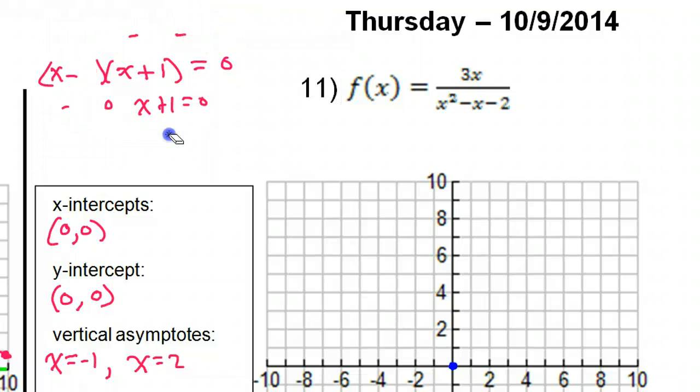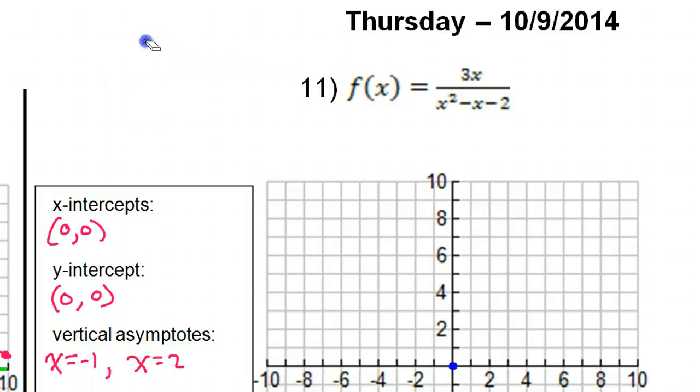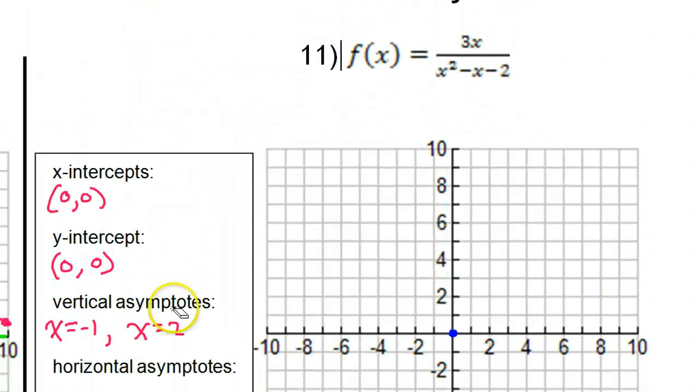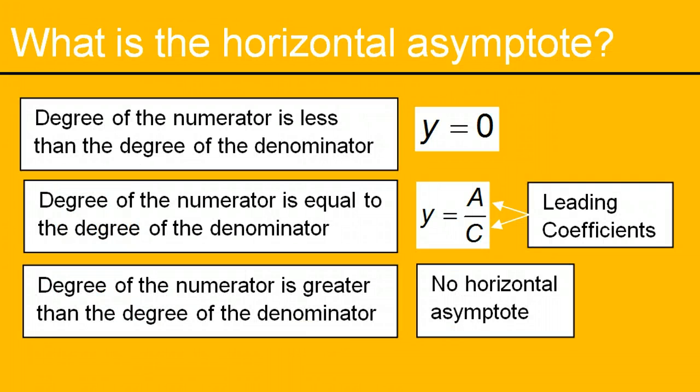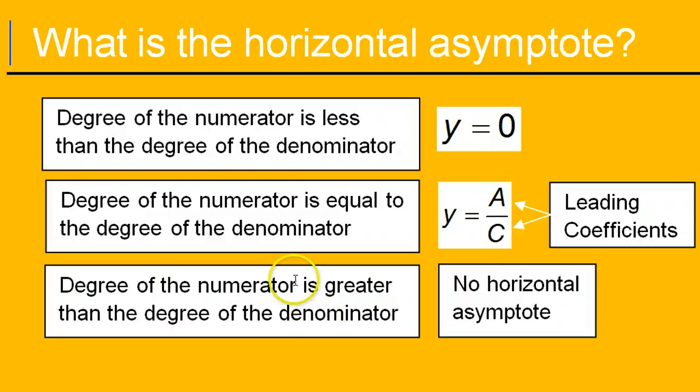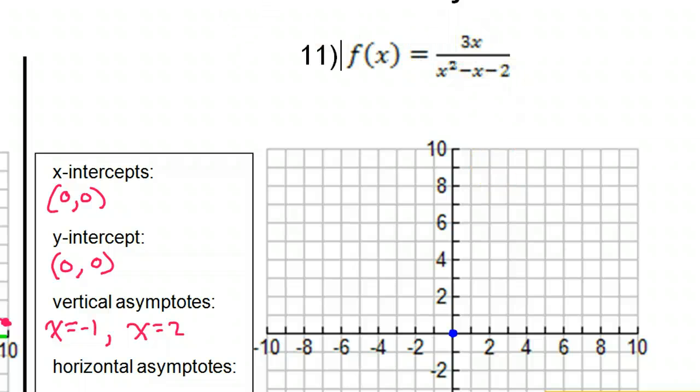And now let's talk HA, horizontal asymptotes. How does that work again? One more time. Horizontal asymptotes work like this. We pay attention to the degree. Is the numerator degree less, equal, or greater than the denominator? Because that'll tell us which case we're in. The degree of the numerator here is 1, because x to the 1 power.